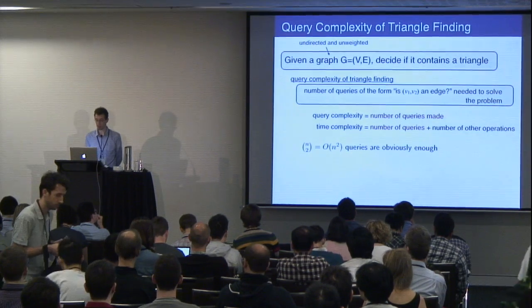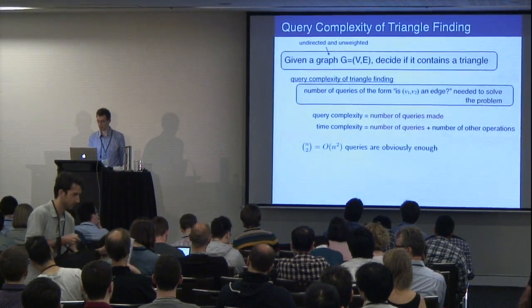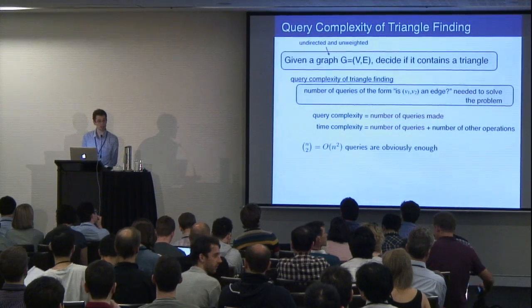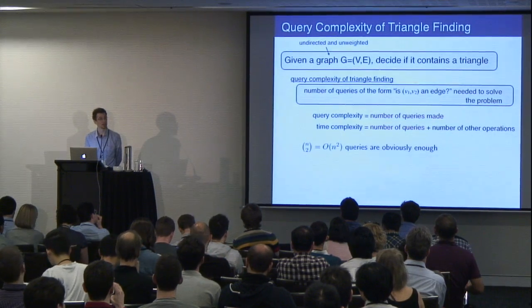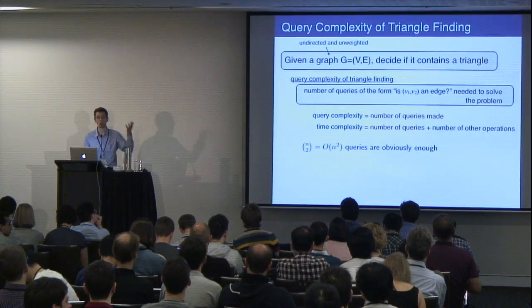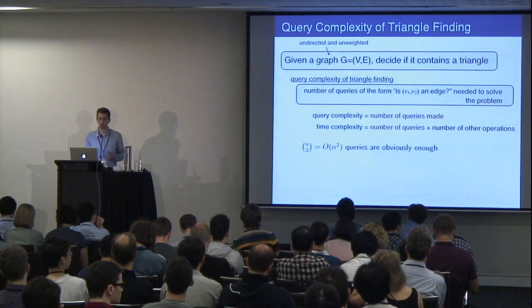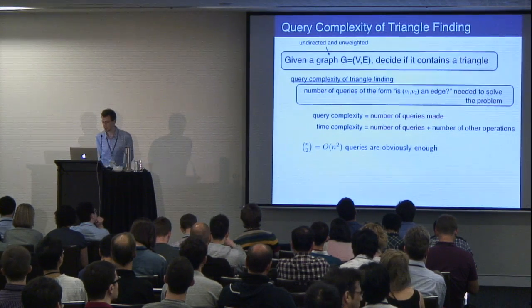Obviously, we can solve triangle finding using n square queries, because with n square queries you can query all pairs of vertices of the graph, and then you get the whole adjacency matrix, so you can check if it has a triangle without any further queries.